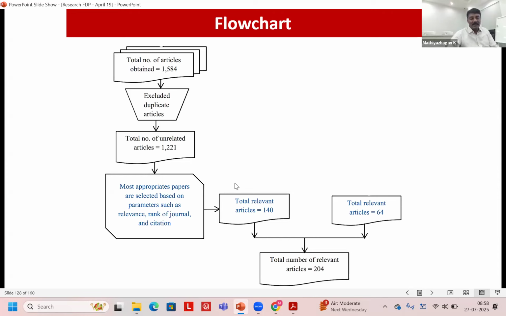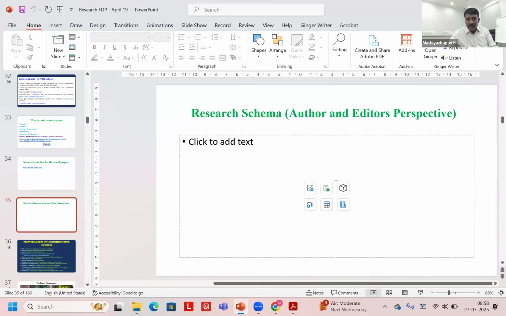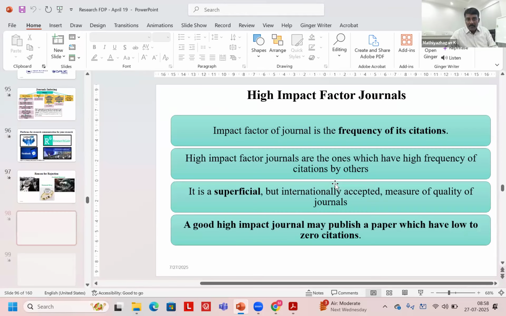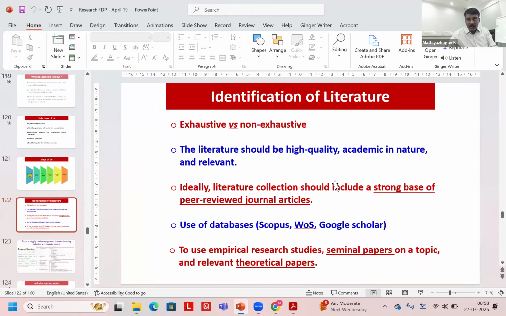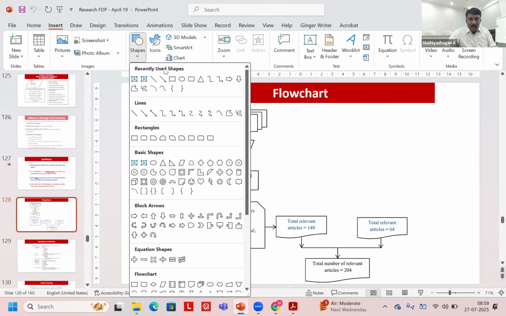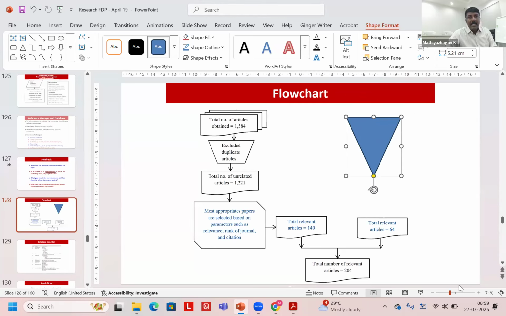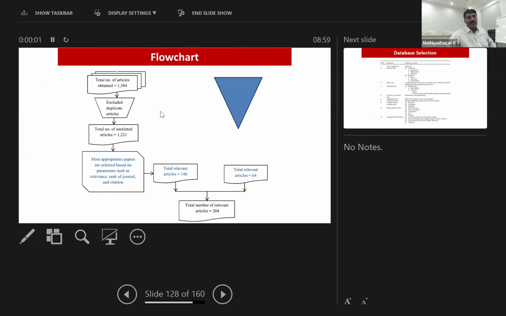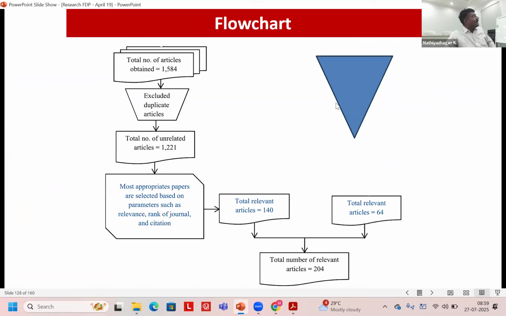Consider it like an inverted triangle. See here, this is an inverted triangle.